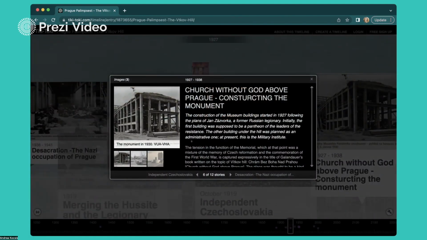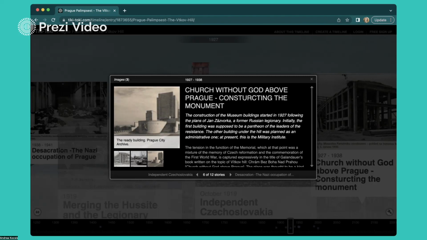And this was the start of creating something monumental. This building was a complex consisting of two buildings, built in functionalist monumental style, and was an expression of the victory and glory of the Republic on the top, looking down to Prague, on the opposite hill from where the St. Vitus Cathedral is situated, kind of like, as one of the Czech historians says, a temple without God.